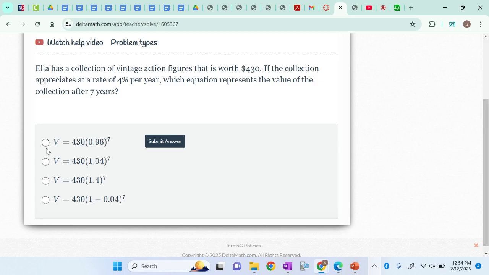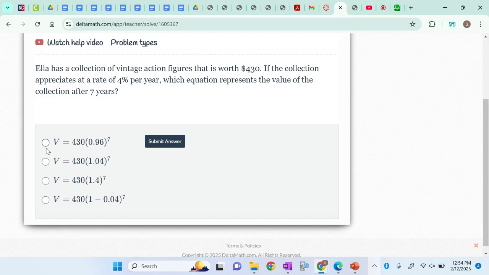The general formulas for exponential growth and decay: the growth formula is typically y equals a times (1 plus r) raised to the t power. The decay formula is typically y equals a times (1 minus r) raised to the t power.